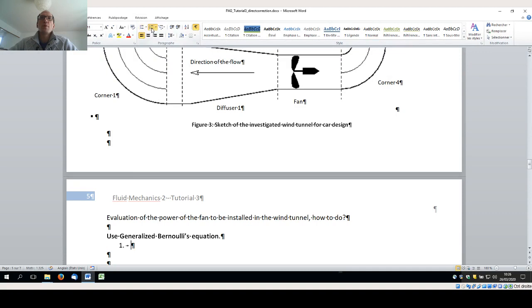If you remember, we have different steps in using the generalized Bernoulli equation. The first step is to look at what is the fixed control volume in use. Once we have our fixed control volume definition, we'll check assumptions.